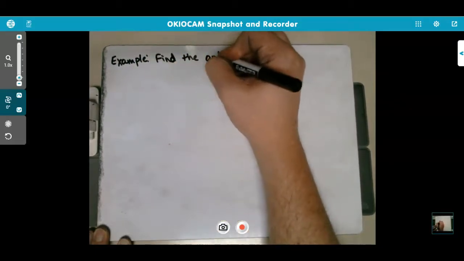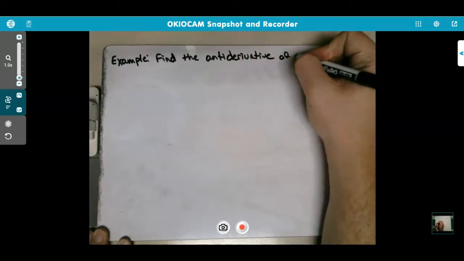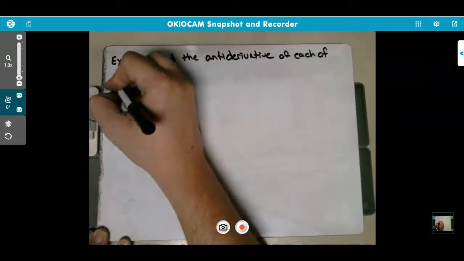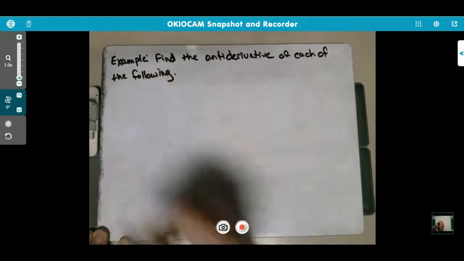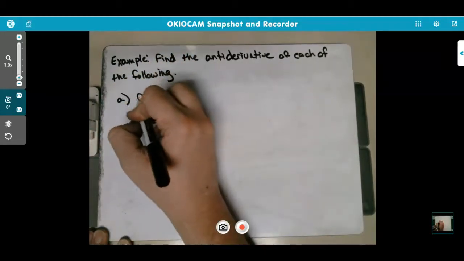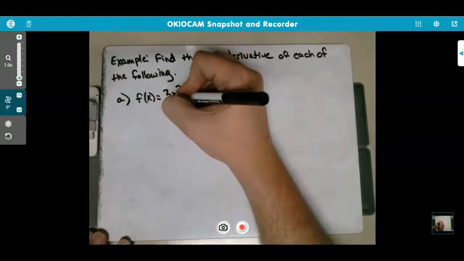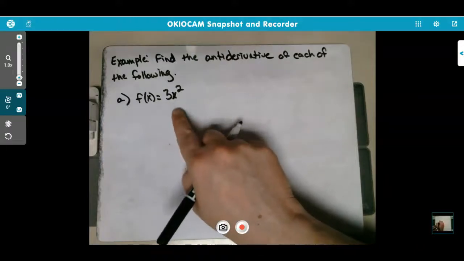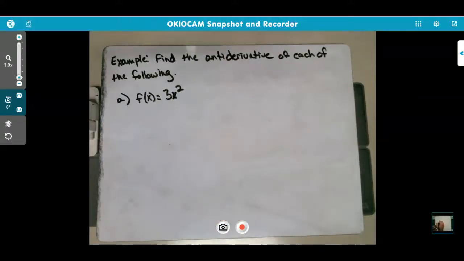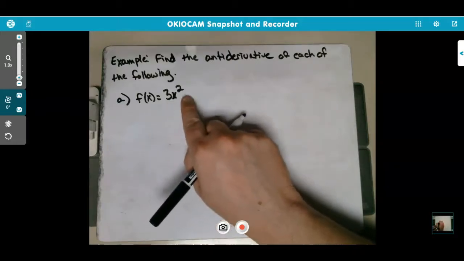Find the antiderivative of each of the following. The first one we are going to do is the function f of x equals 3x squared. So again, this is the derivative, and I need to go backwards and see how I got there. I have to give this a good think and think about what function's derivative is 3x squared.